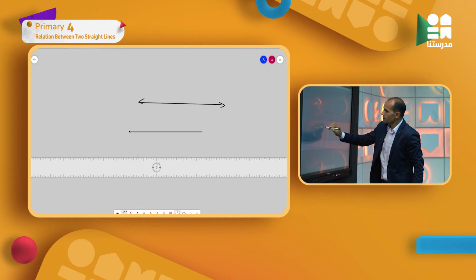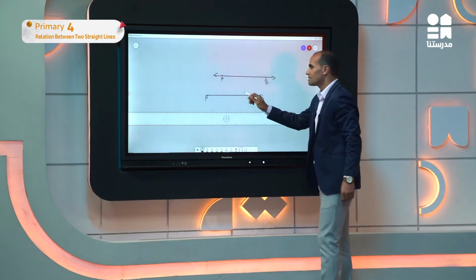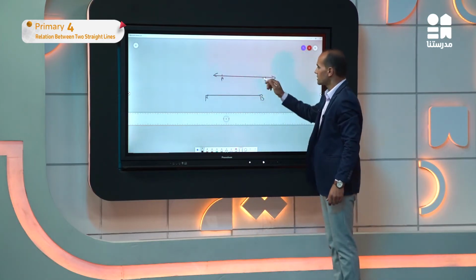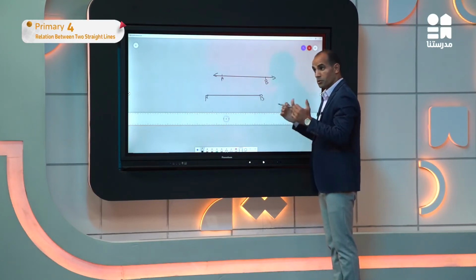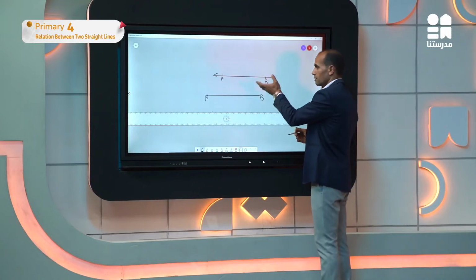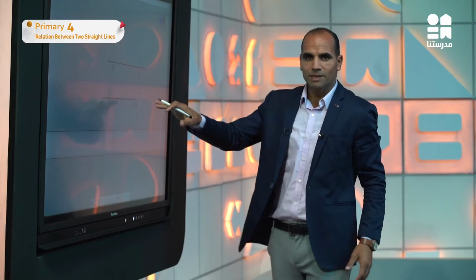The 2 points here, as you can see, for example, A and B. Here is the line segment AB, and this is the straight line AB. What is the difference? The line segment has 2 end points.